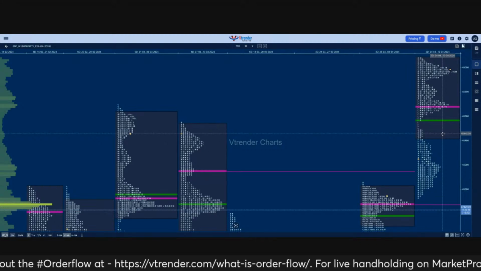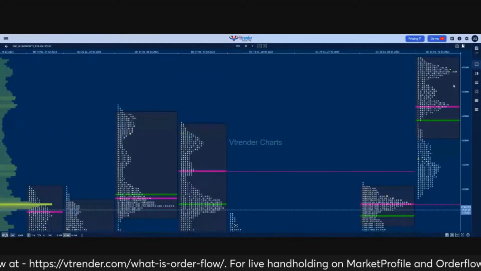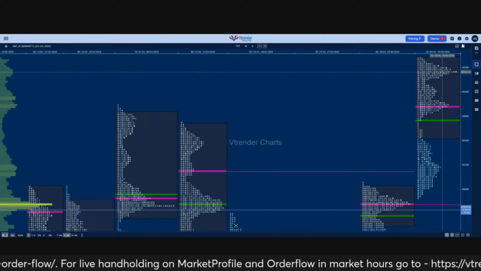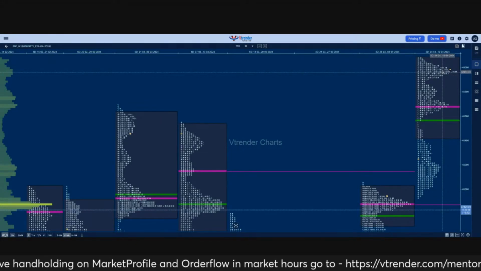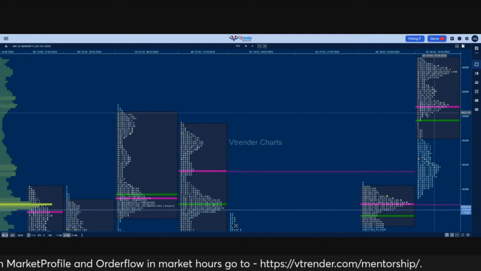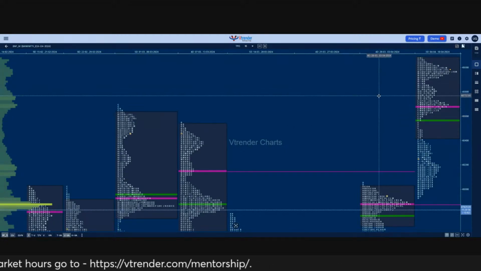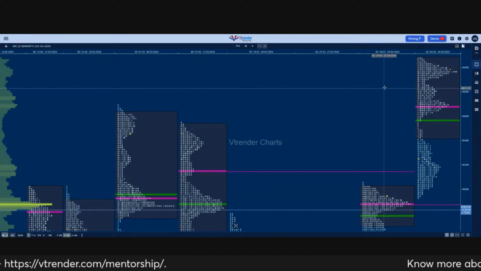So this was the support zone, and we have this prominent TPO at 48960, which was the upside reference for the Bank Nifty to sustain above in case we were expecting more upside in this week's settlement.